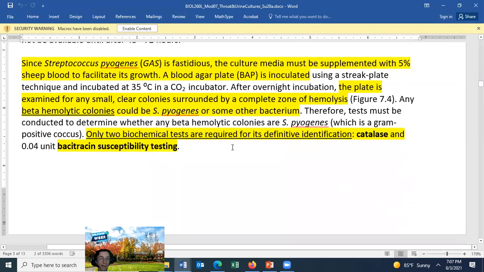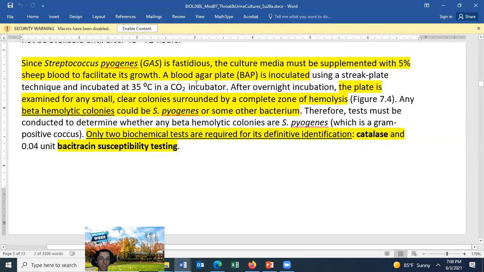So Streptococcus pyogenes is a serious human pathogen. It's also fastidious, and it will not grow on a tryptic soy agar or a general purpose media plate. You have to grow it on an enriched media, such as tryptic soy agar supplemented with 5% sheep's red blood cell.